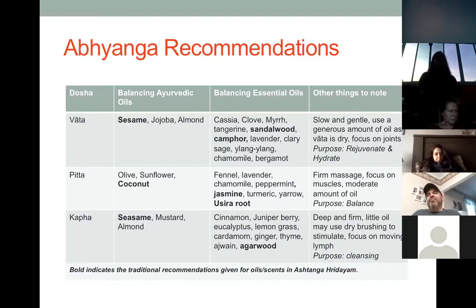But they talk a lot in the classics, in the Ashtanga Hridayam actually, about what scents you should burn in each season, for example, in Pitta season, usira root and jasmine to cool down the environment or to make you feel cooler. And then I put some things on the right-hand side about what kind of massage maybe would be best for each, just knowing the different gunas present in each.